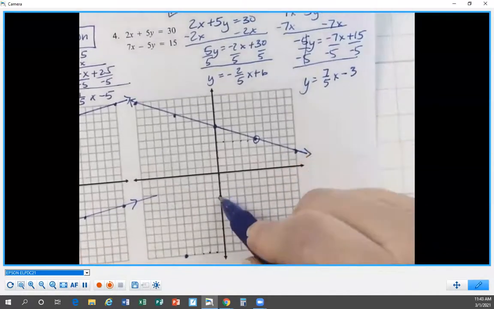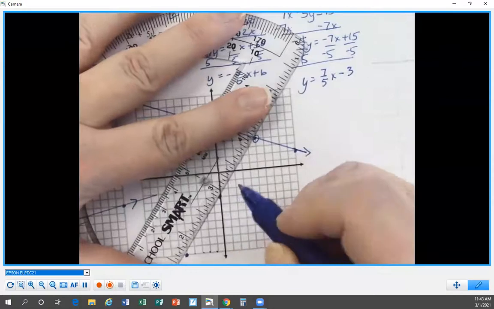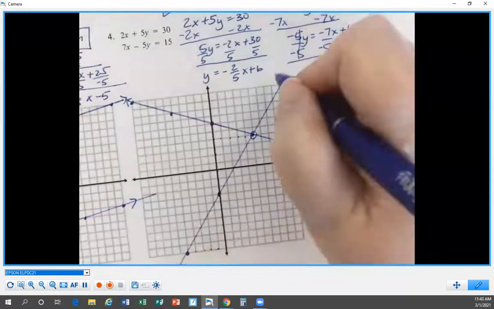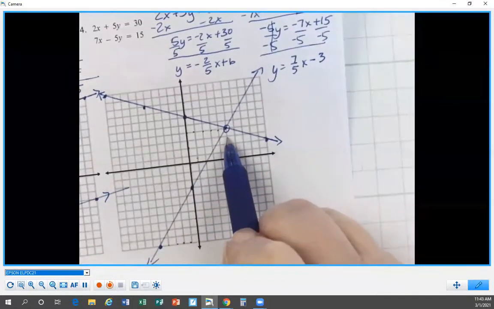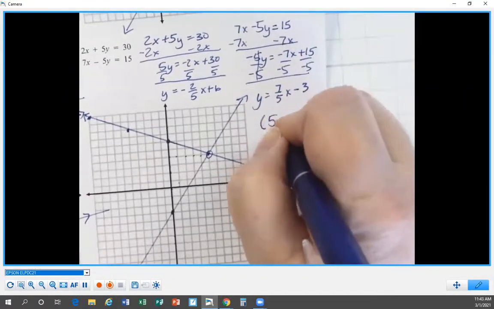Then we can graph that line. Our solution is at (5, 4). So our solution to this system is (5, 4).